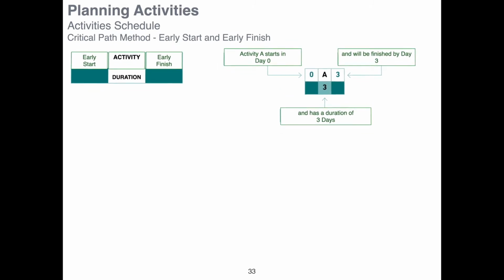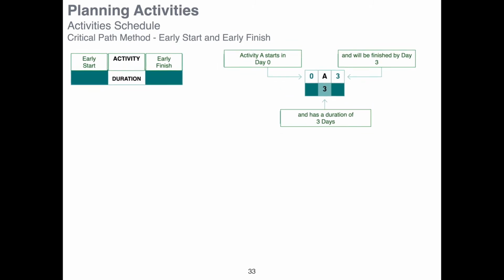In the next step of the method, you will establish the linear sequence on the basis of the early start and early finish dates of the different activities. How does it work? You have these 6 different boxes where you have the name letter of the activity, activity A, for instance. Activity A is the first activity in your project, so it starts on day 0.